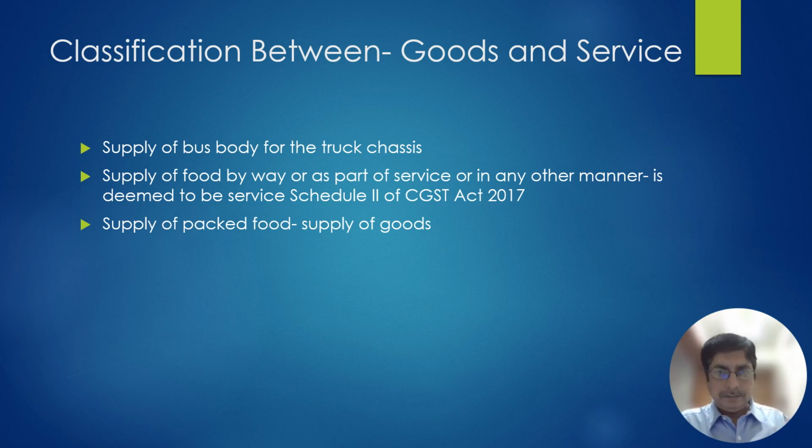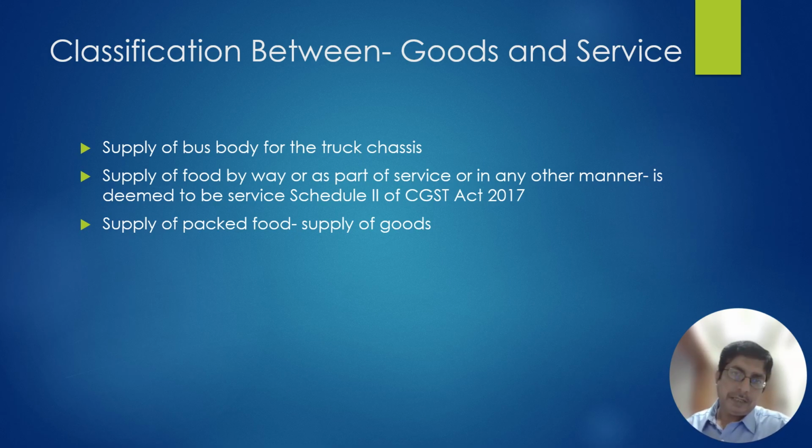even if there is an entry in Schedule 2 that supply of food by way of a service or as a part of service is a service, food is not existing separately. However, if it is packed food, sold over the counter, that is you pay, you take, it is a takeaway, then it is to be treated as supply of goods, not supply of service.